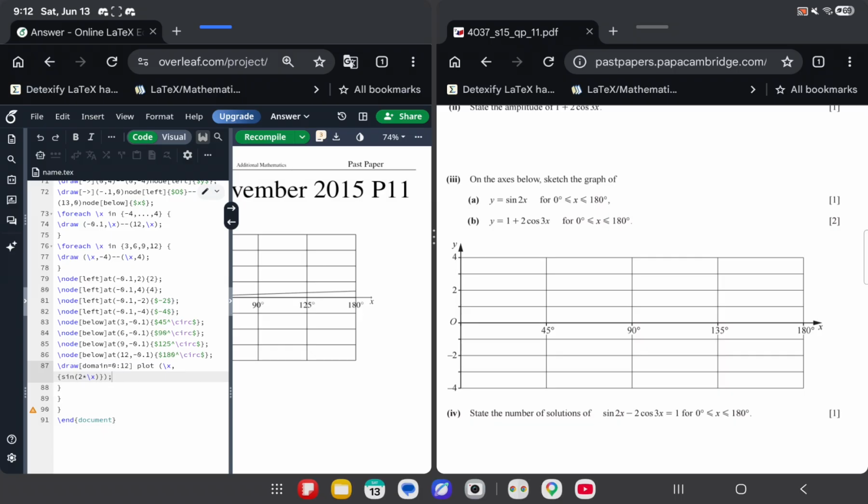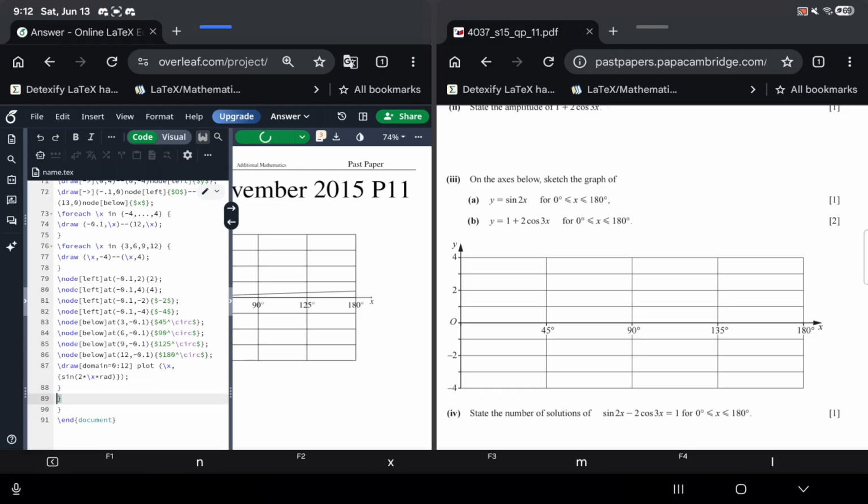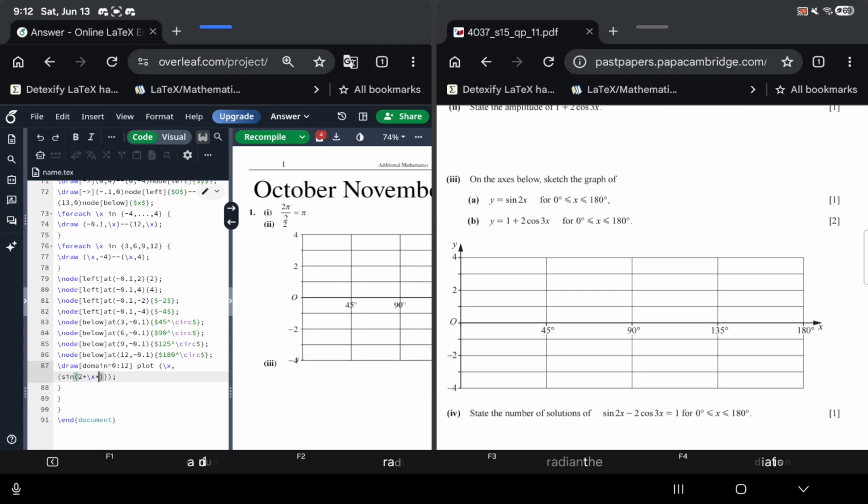It uses degrees. No. Rad. Oh no. Dude, what was the command?